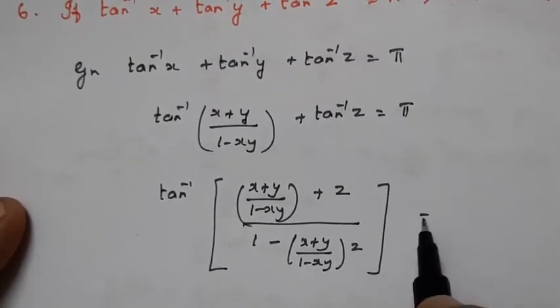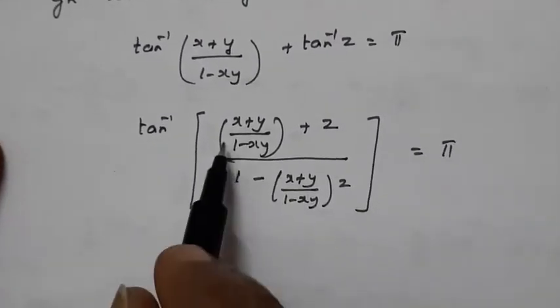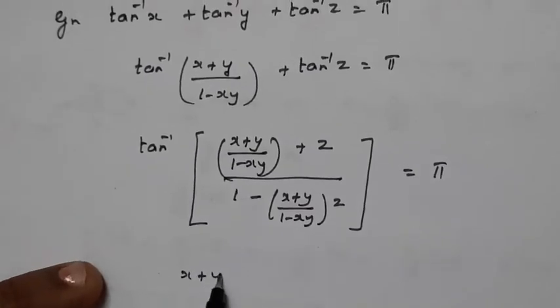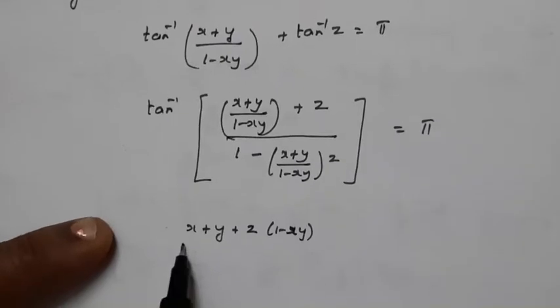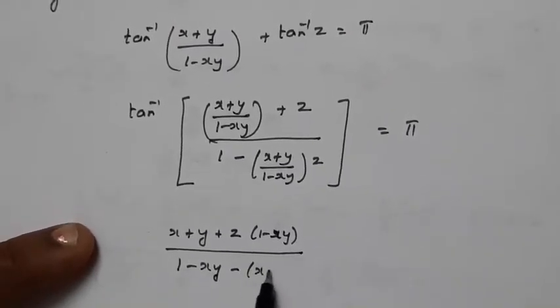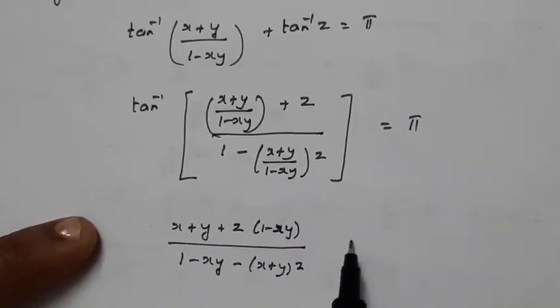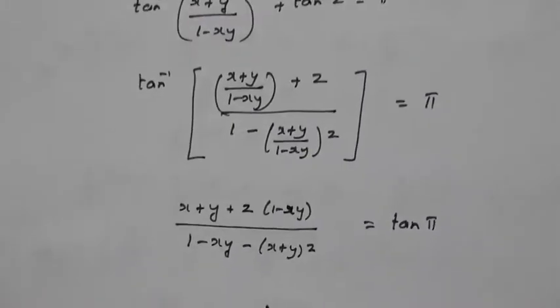That is equal to pi. Now, let us move this tan to the opposite side. So, simplifying this, we have (x plus y plus z into (1 minus xy)) divided by (1 minus xy minus (x plus y) into z), cancelling the common denominator and moving tan to the opposite side, this is equal to tan pi.